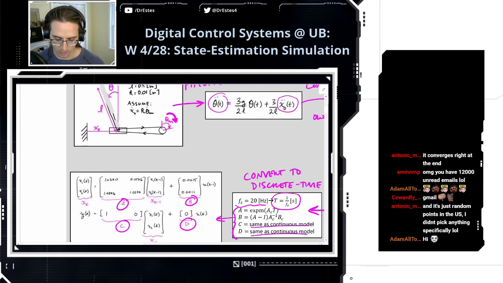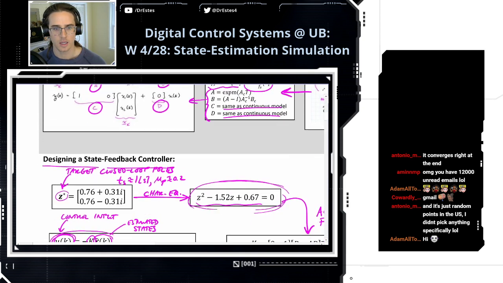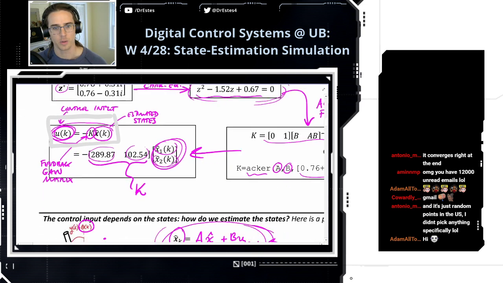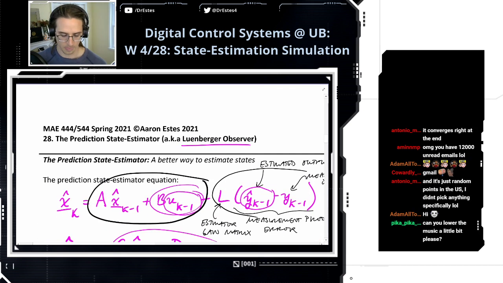We have a model for the dynamics, and we have a feedback controller that we're going to use. But we talked about the problem where you need to be able to estimate your states.